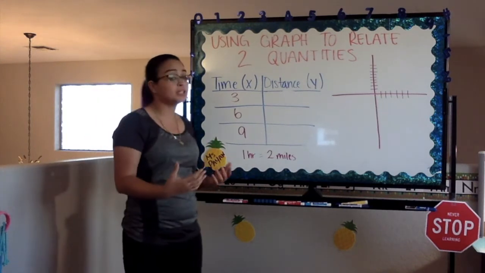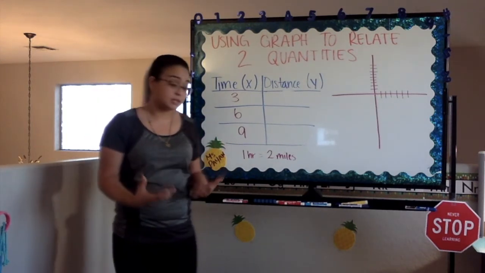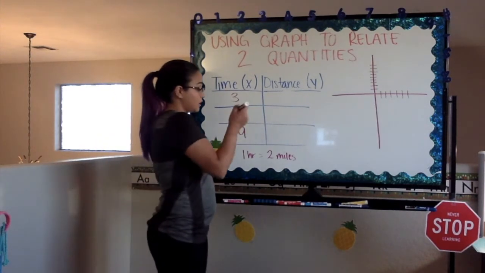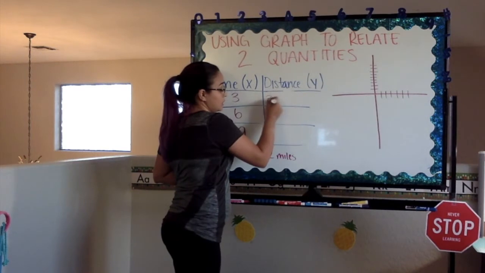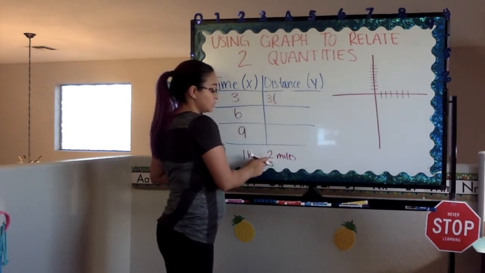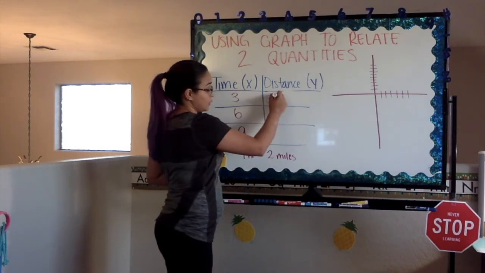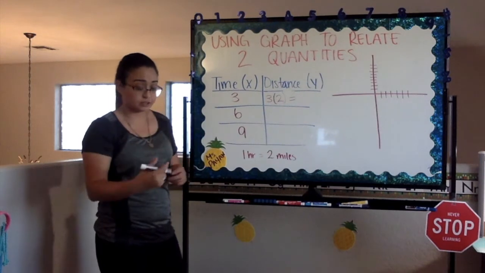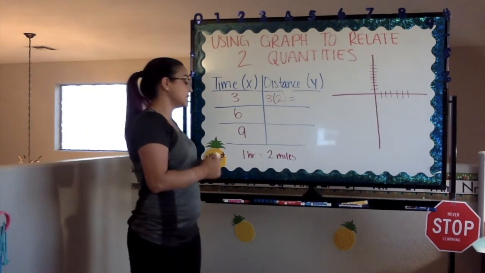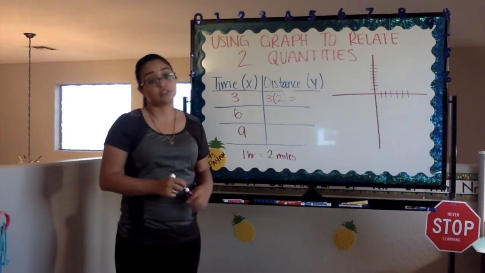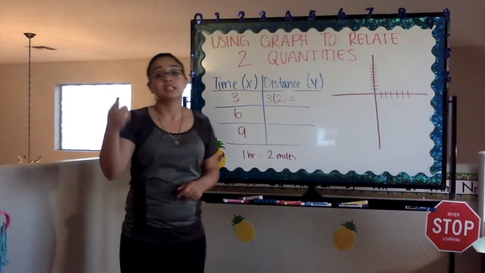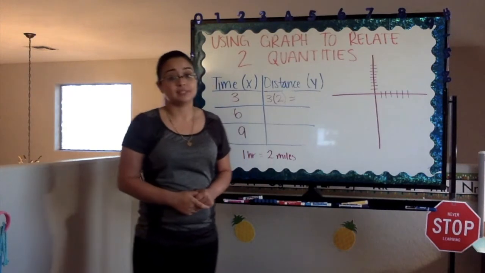So, you're going to be using a very similar formula as to what I used. You're going to take 3, and multiply it by the amount of miles that you would travel in 1 hour. That will give you your first answer. And you do the same exact thing for the second one and the third one. Okay? Let's go into the last concept that we're going to be reviewing today.